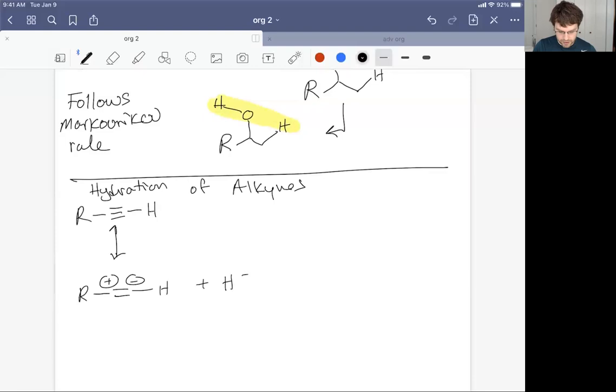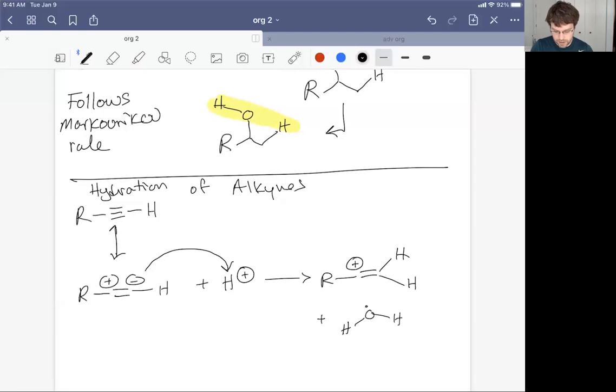So when we add that to H plus, we get the hydrogen going to one side, which is the less substituted position. At this point, we now have an sp hybridized, what's called a vinyl carbocation, at the internal position, more substituted because it's the only one with one substituent, which can then react with water.